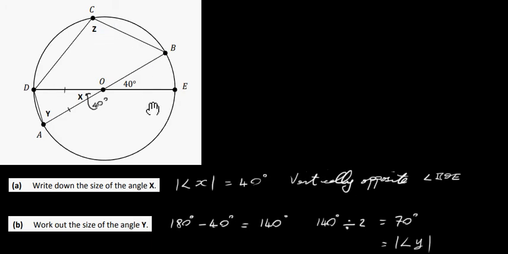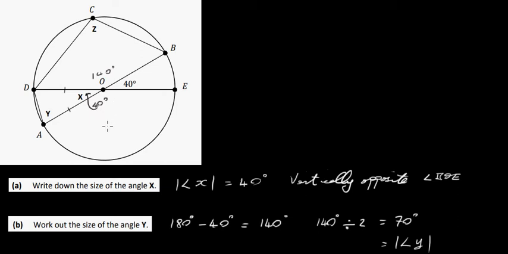Another way of doing that would be, let's see, we know that this is 40 degrees here. So that would mean that this angle here would be, that's 180, so this would be 140 degrees here. Now, let me just think.